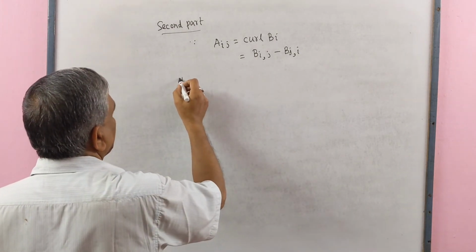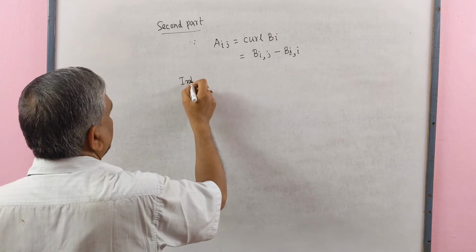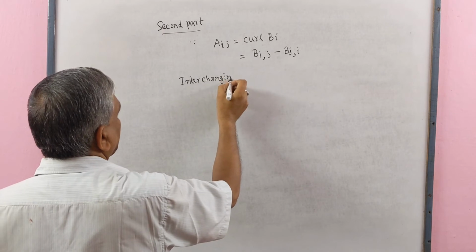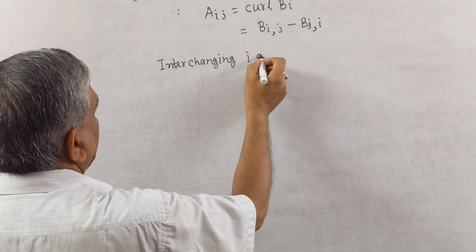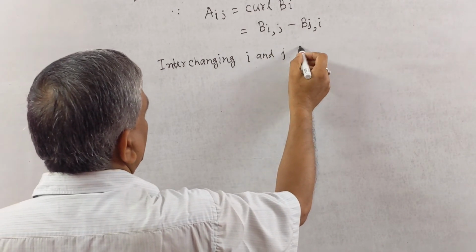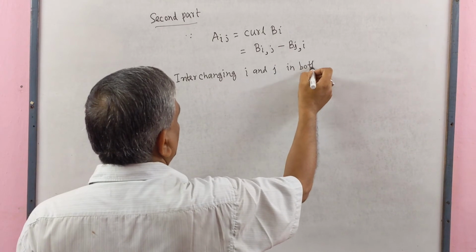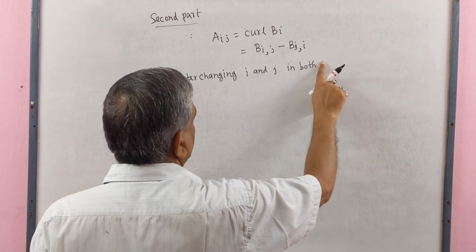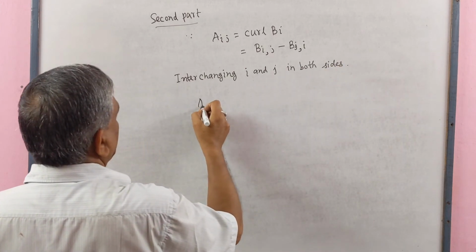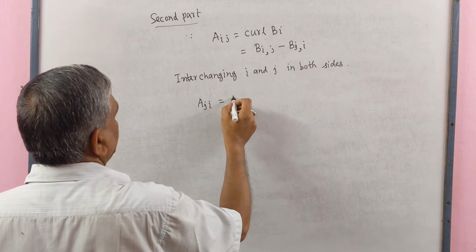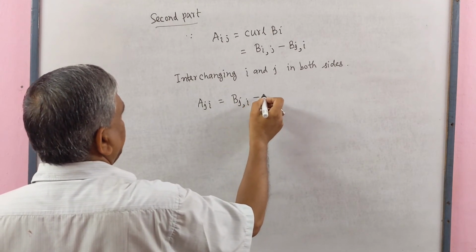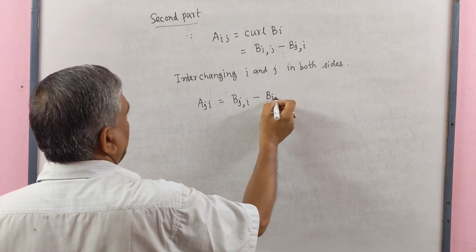Interchanging i and j on both sides, a_ji equals b_j,i minus b_i,j.